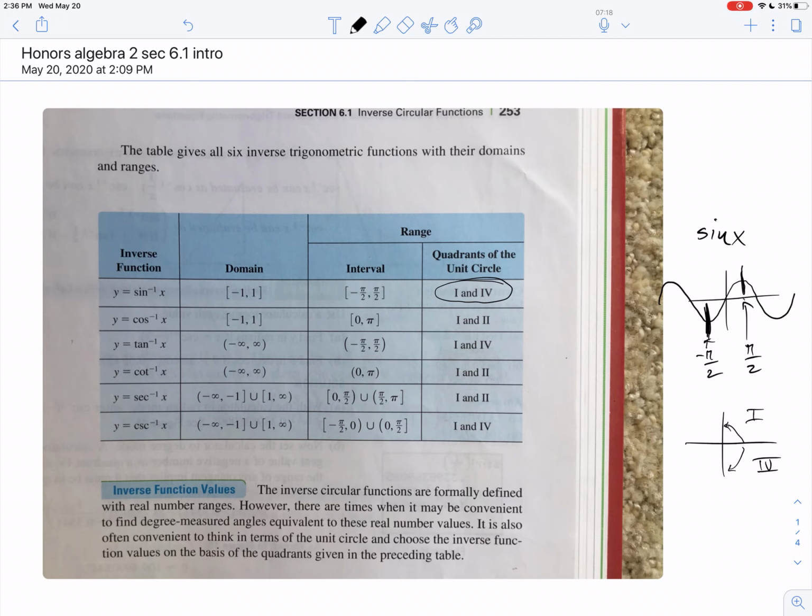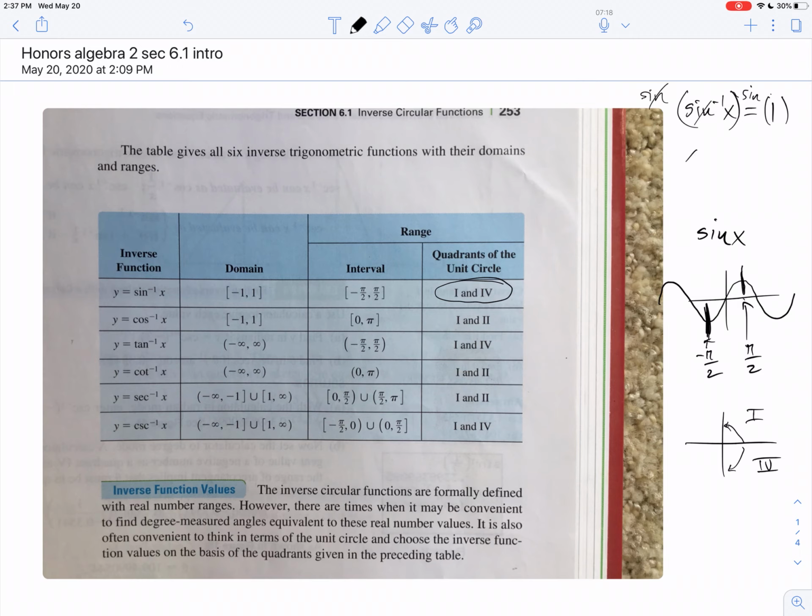So when we start looking at our questions, they're going to say something like this. Sine inverse of something equals 1. And I'll go, oh my gosh, where would that happen? Well, I would have to do this trick. And then I'd say sine of this. And then what happens on this side?